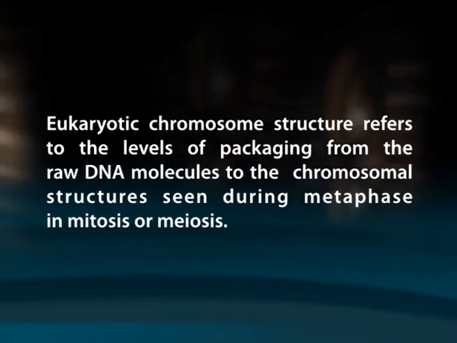Let us now summarize what we have learnt in this particular session. Eukaryotic chromosome structure refers to the levels of packaging from the raw DNA molecules to the chromosomal structures seen during metaphase in mitosis or meiosis. Chromosomes contain long strands of DNA containing genetic information.